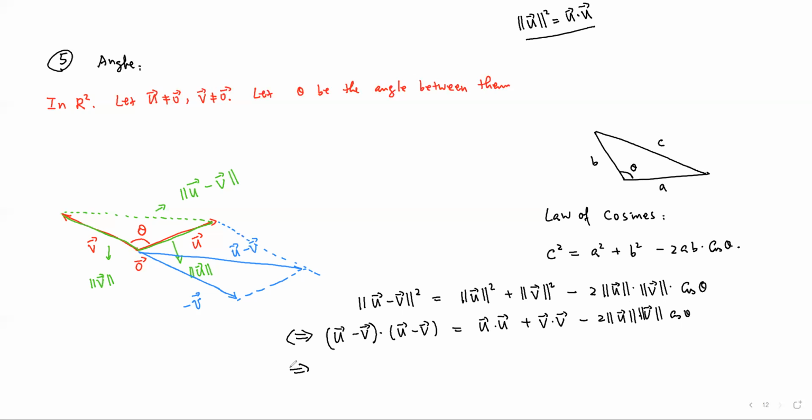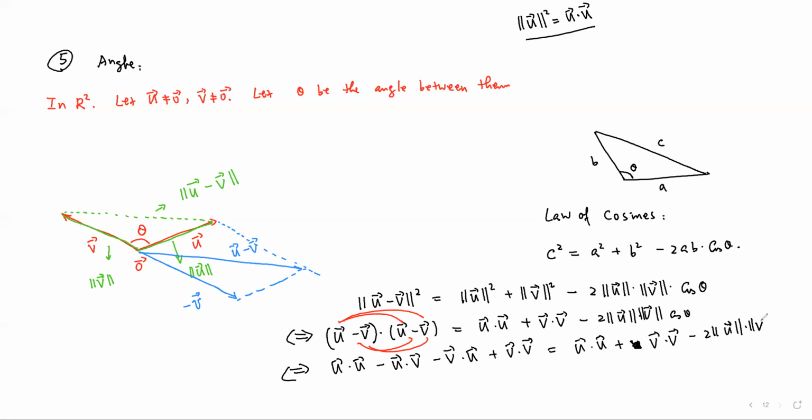Now distribution: U dot U minus U dot V minus V dot U plus negative V dot negative V, so V dot V.